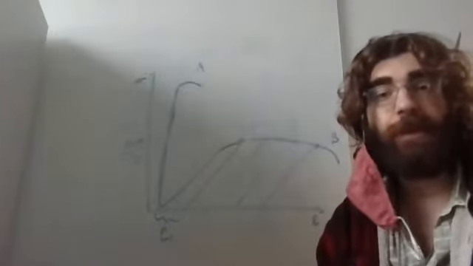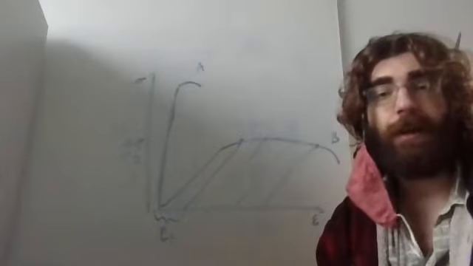So that is one way we can differentiate between metals, or get a hint at the crystal structure of a material by investigating the ductility of the material. That was a great question, so thank you for that.